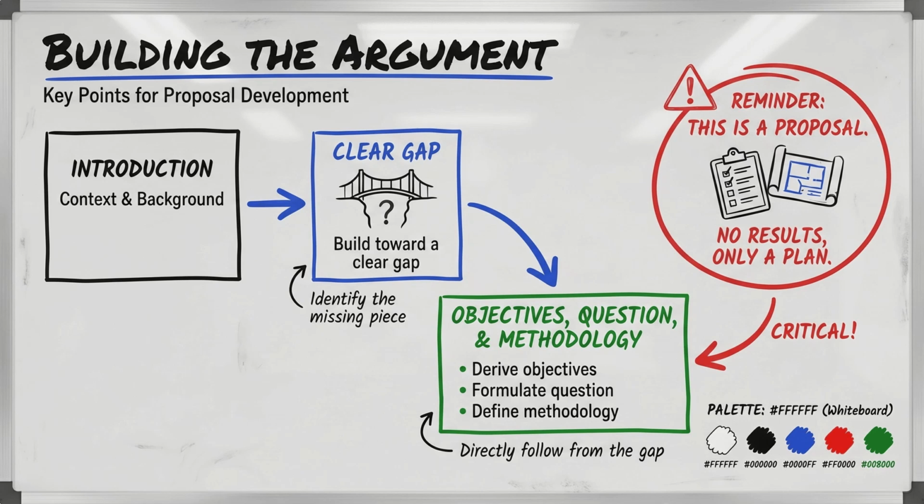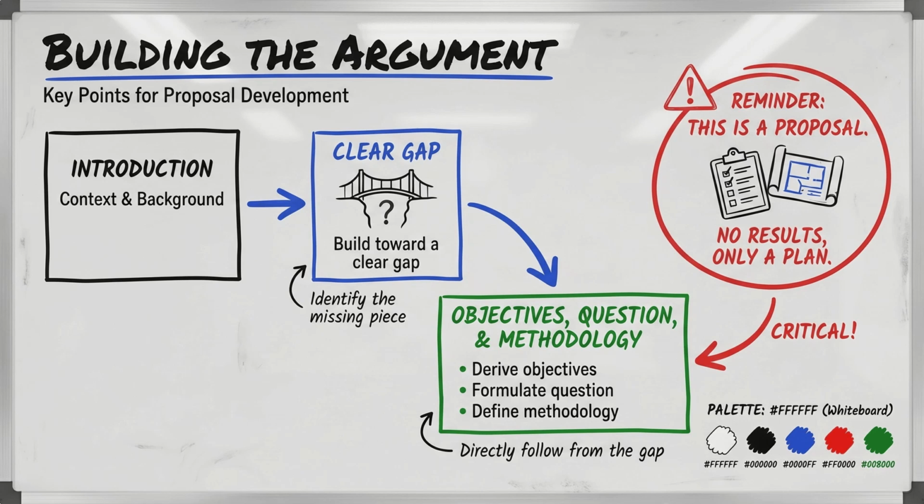As you construct your outline, remember, you're building a compelling argument, not just listing topics. Your introduction must clearly articulate a specific gap in current histotechnology research or practice. For instance, perhaps there's a lack of standardized protocols for a novel immunohistochemical stain, or inconsistent results with a particular tissue processing method.